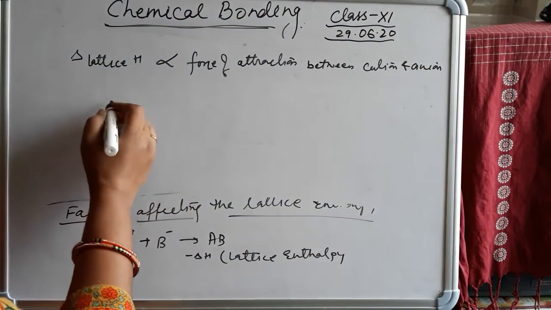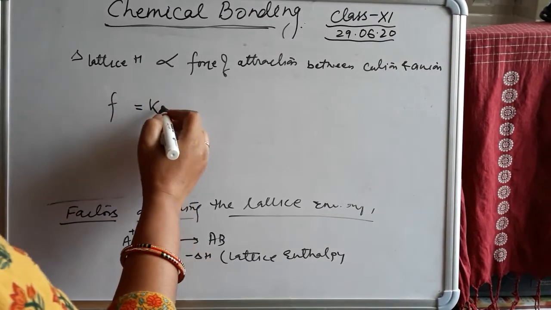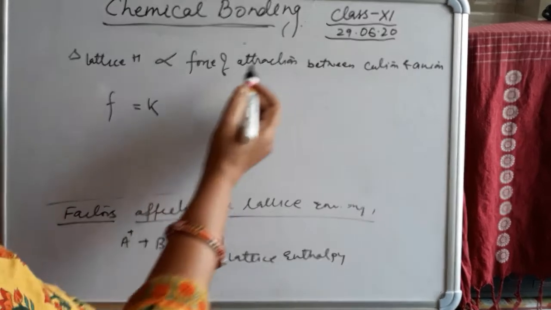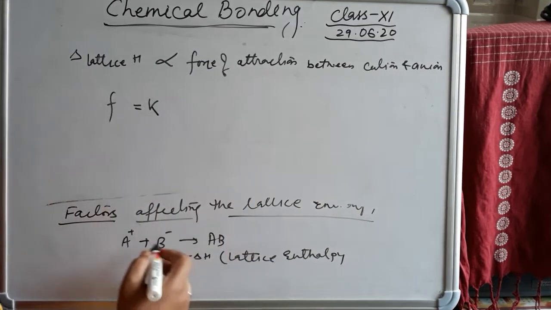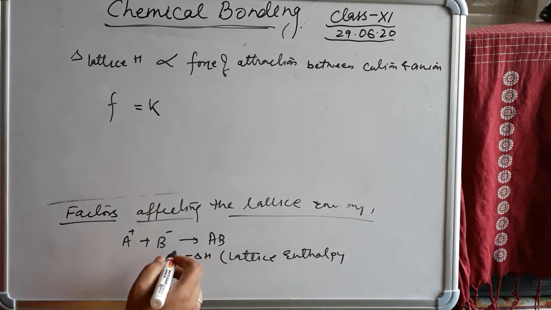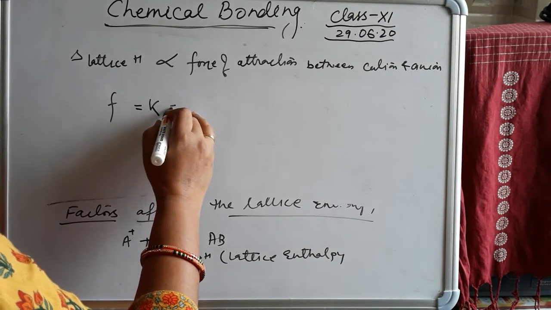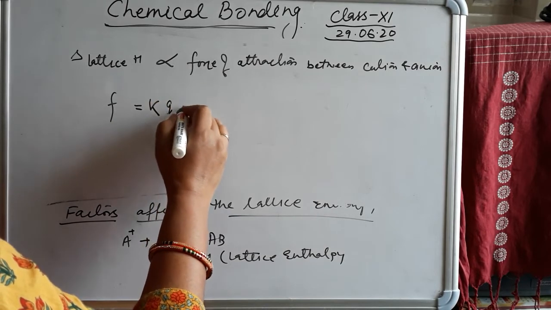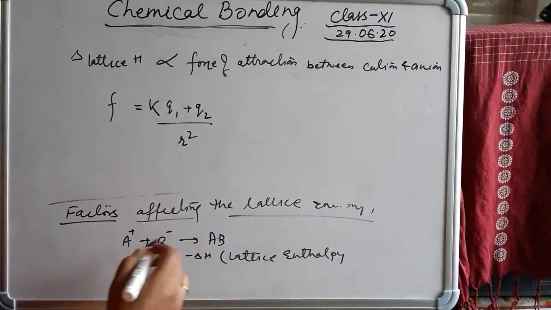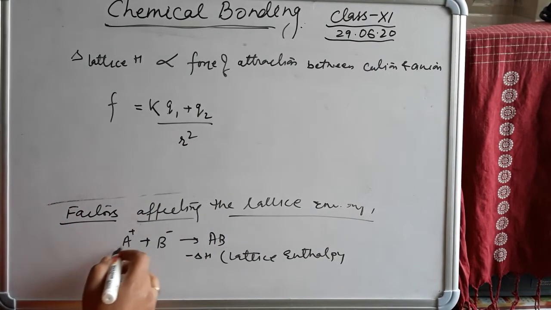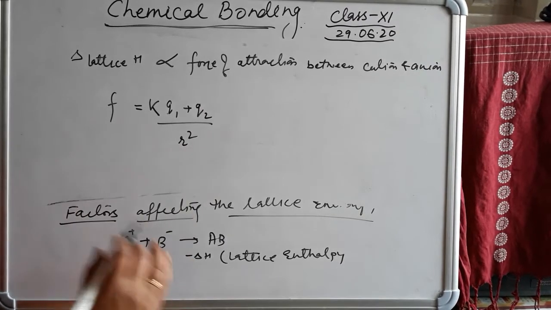And suppose the force of attraction is equal to Q1 Q2 over R square, where Q1 and Q2 are the charges on the ions in an ionic compound, and R is the distance between them.